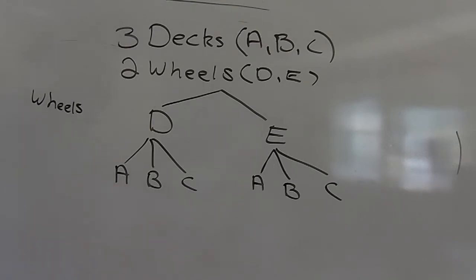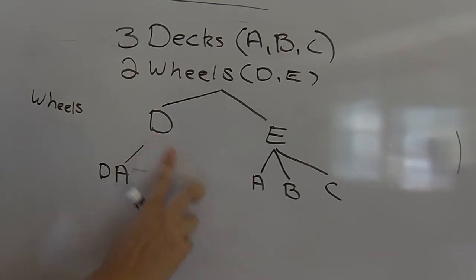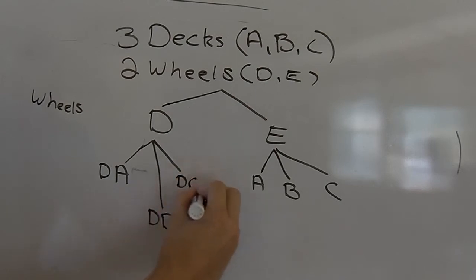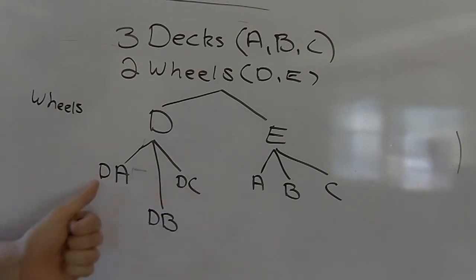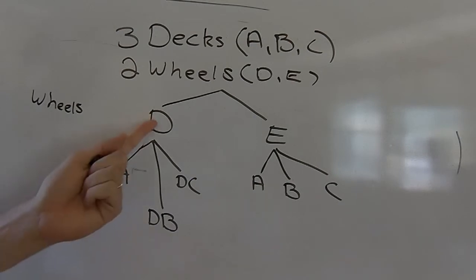And so sometimes when you're making these trees, as you go down the tree, it's actually pretty common, instead of just writing A, B, and C, because you're doing wheel D with deck A, B, or C, a lot of people will put the D next to your choice. So let me space that out a little bit better. That way you know you have wheel D and deck A, wheel D, deck B, wheel D, deck C. So the first letter is always your first choice.